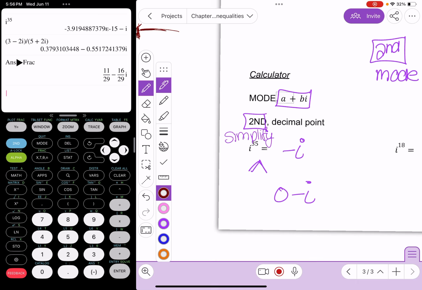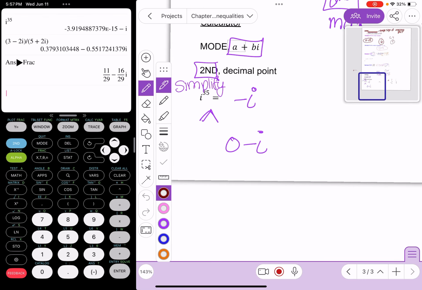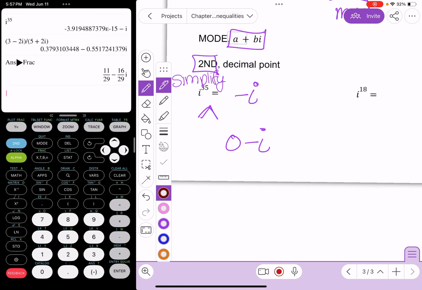E negative 15 is scientific notation, saying it's 0 point fifteen zeros and then 3919. It's just not recognizing it, so it's really 0. So if you see anything E negative 15 and then minus i, that's really negative i.